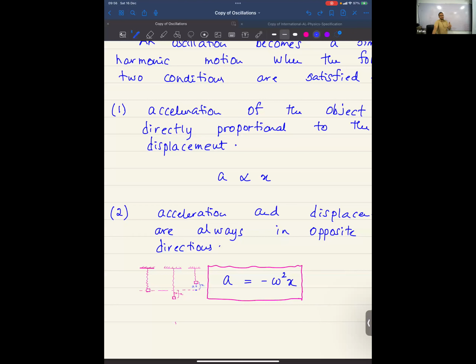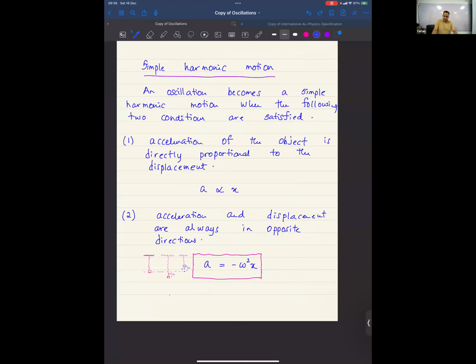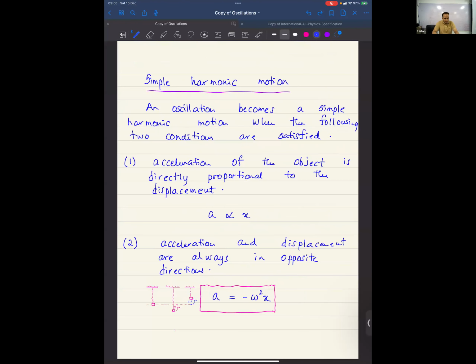So these are the two characteristics. One is that acceleration is directly proportional to the displacement. The other one is that the acceleration and displacement are in opposite directions all the time, which is given by the equation a equals minus omega squared x.